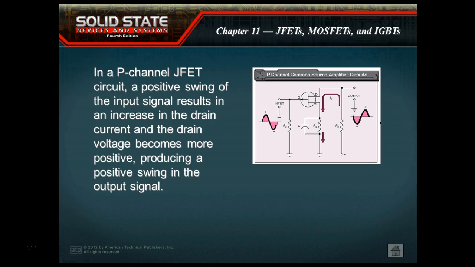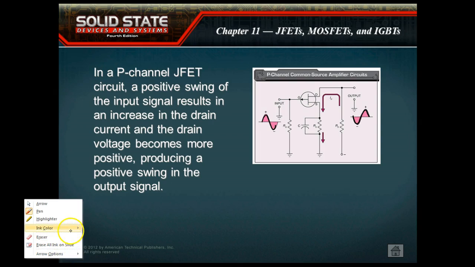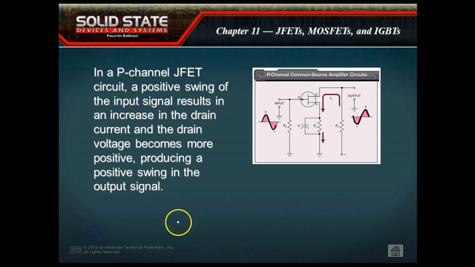So you notice there's a lot of similarities between the common emitter and the common source. So the common emitter has basically the same features. Here we have a high input impedance or resistance.